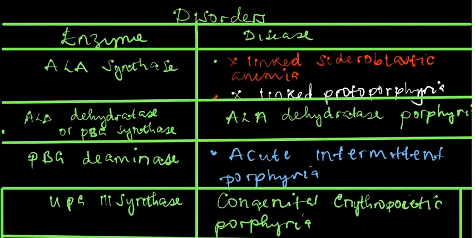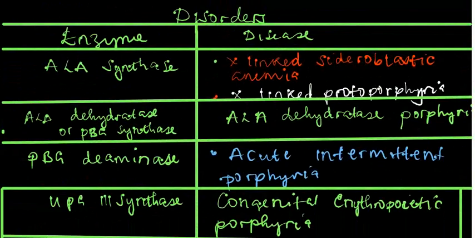In order for you to see the symptoms of the disease, you see it in blood, in urine, and also in stool. There are different types of porphyrias, and this depends on where they accumulate.